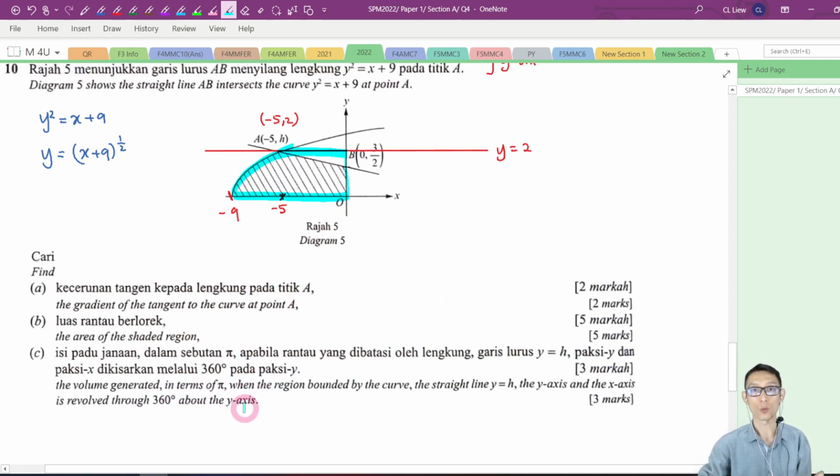So be careful, y-axis or x-axis. This is y-axis. So for y-axis, later on we are going to use a formula. Since this is y-axis, right, dy. So we will be using this formula, pi x squared dy. So from here, you know that you need x squared, right? Okay.